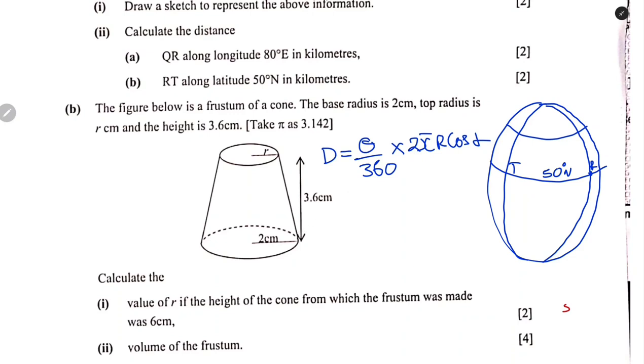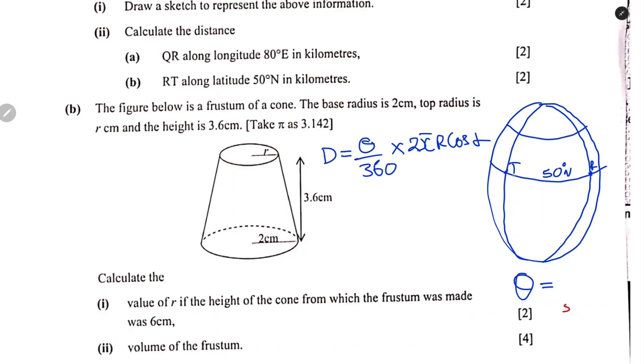You're going to find different letters being used here, but what you should know is that that is cos latitude, because for the angle you're going to use the latitude on which those points are found. Now how about theta? If you are calculating the distance along the small circles, along the latitude, theta is the difference in their longitudes.